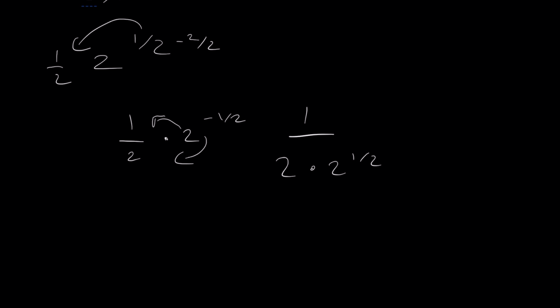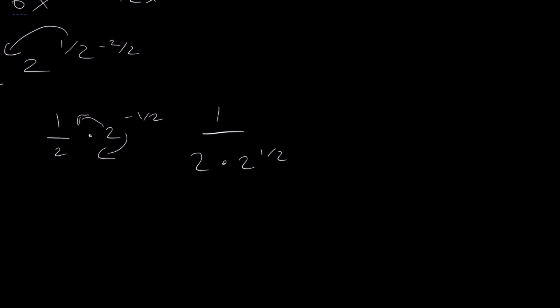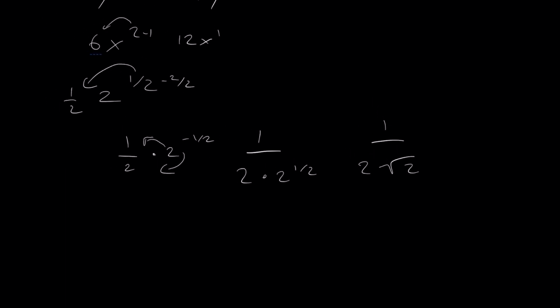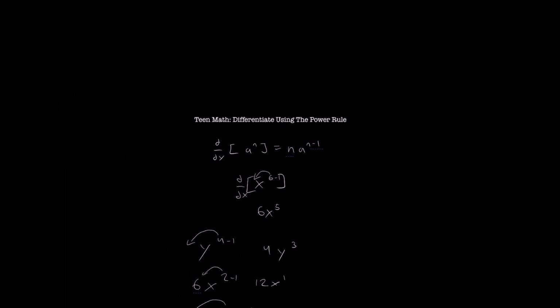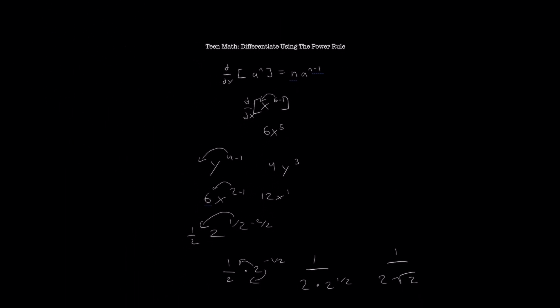Anything raised to the 1/2 power is just the root of that number, so one way to rewrite this would be 1 over 2 times root z. And that's basically a demonstration of how we can differentiate using the power rule. Thank you.